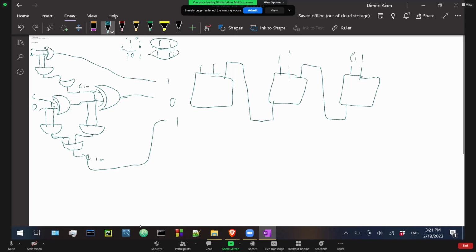So 1 plus 0 yields 1, carrying 0. 1 plus 1 is 0, carrying 1. Now here we have nothing, 0, 0. So 1 carries 1, and the result is 101. Okay.